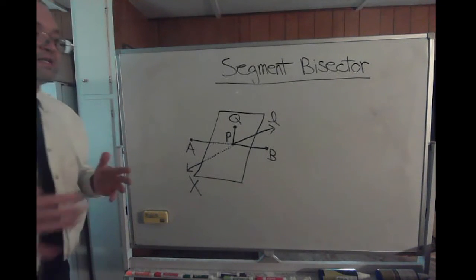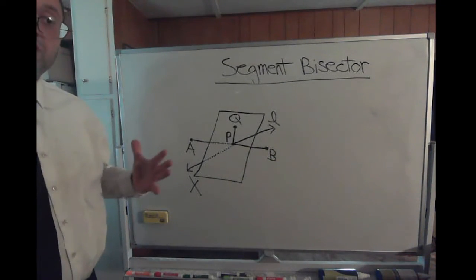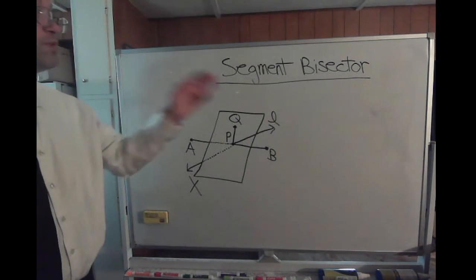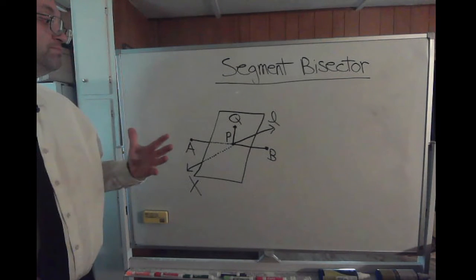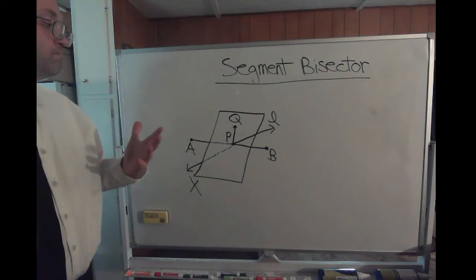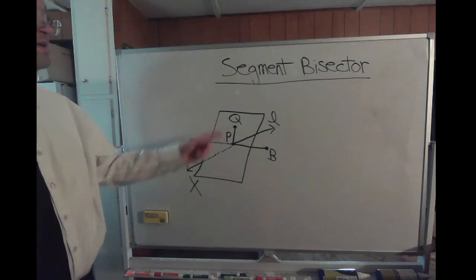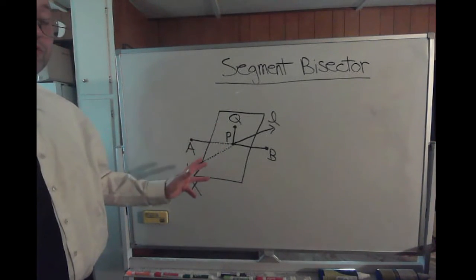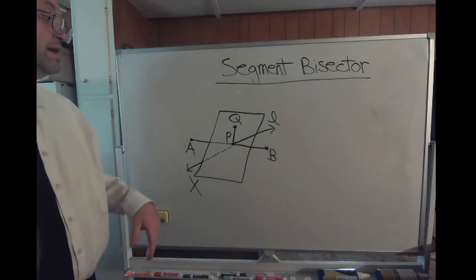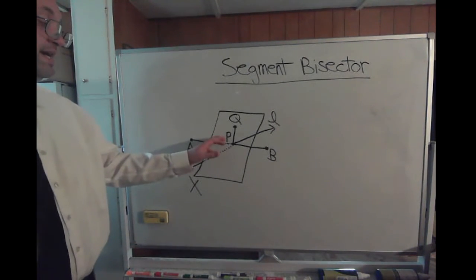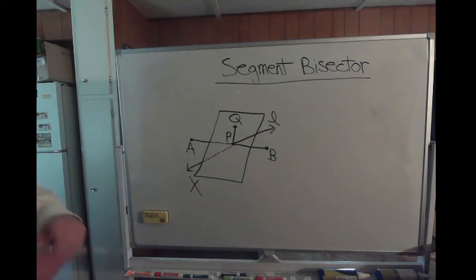To bisect something is also to split it into two equal parts. Kind of brings back the whole midpoint thing. So a segment bisector can be another line segment, a ray, a line, or it could even be a plane that bisects a line segment right at its midpoint.